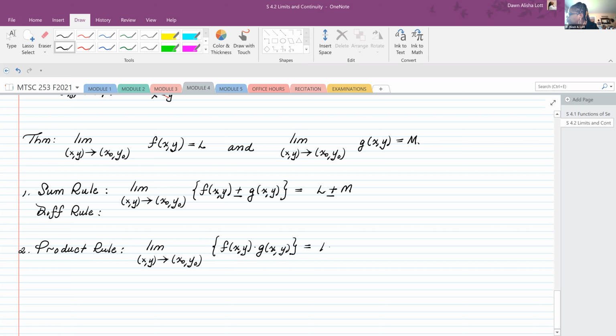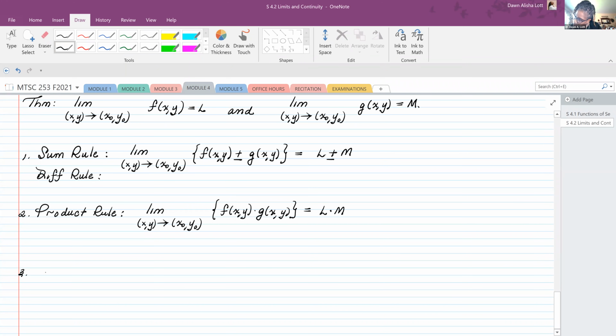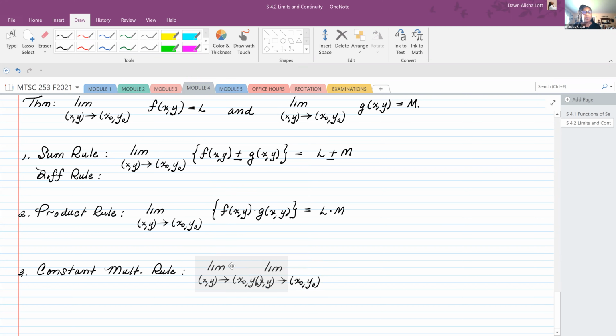Then that is L times M. The constant multiple rule. So that is the limit of k times f at x, y.